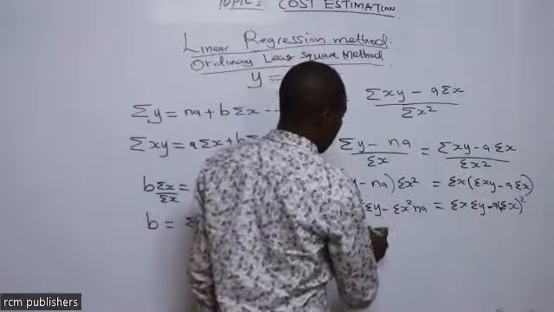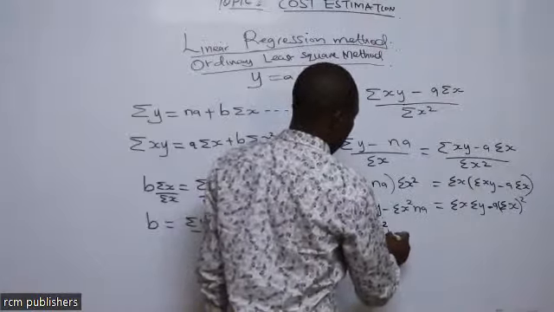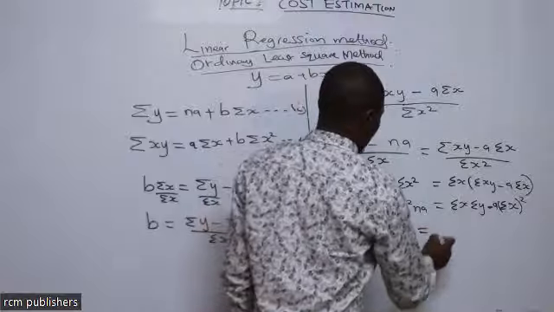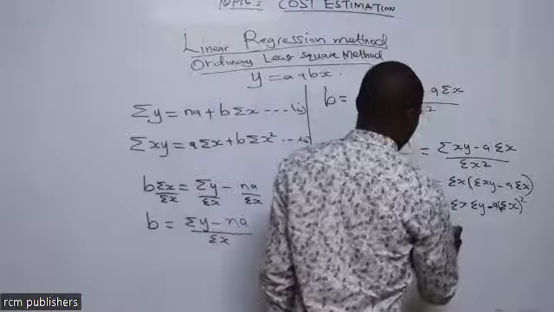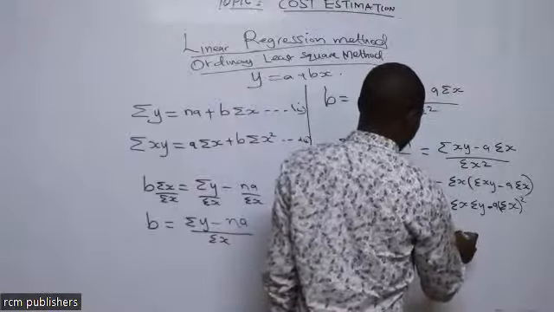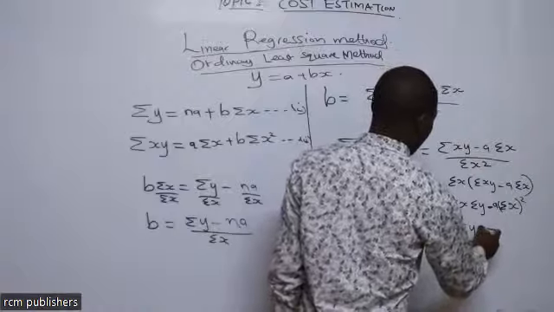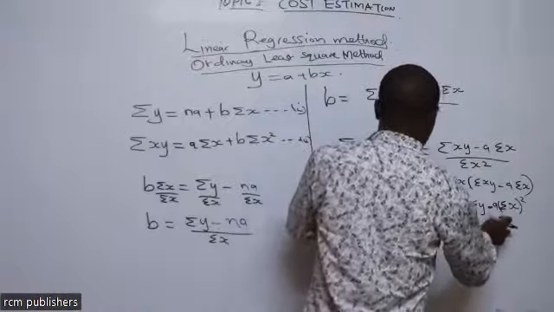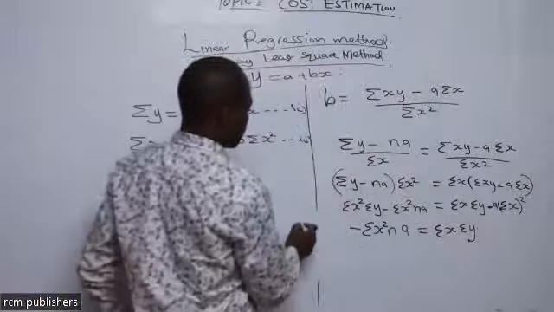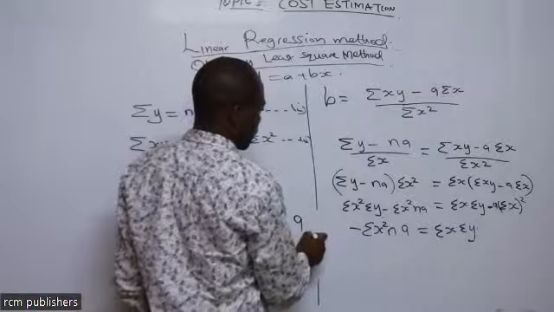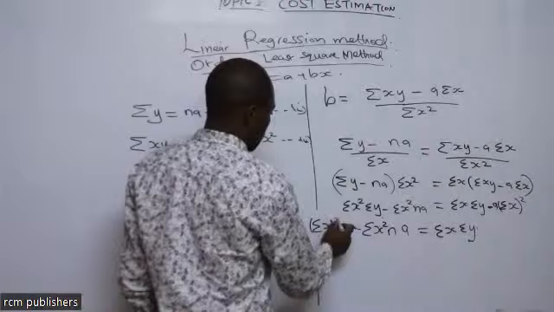So we have minus summation of x squared NA is equal to this summation of x, summation of y, minus, so this one here, we are going to bring it this side to be plus, that is A summation of x squared.